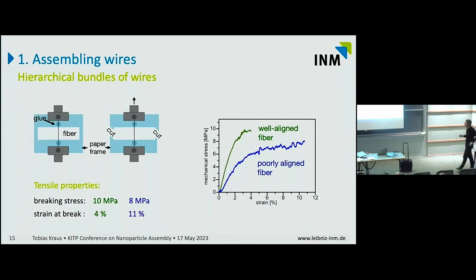And then you see if you have a well-aligned fiber, the stress at break, the breaking stress, is a bit higher than in a poorly aligned fiber, and the strain is lower for these well-aligned fibers compared to a poorly aligned fiber, which makes sense because if you pull at something where you have coiled, disordered nanowires, then you can first extend those, elongate them, as you would maybe do in an elastomer, in a polymer, and then at some point they break, but while you're doing so, of course, they don't resist the force as much as a well-aligned fiber would do, where you're immediately pulling many wires in parallel.